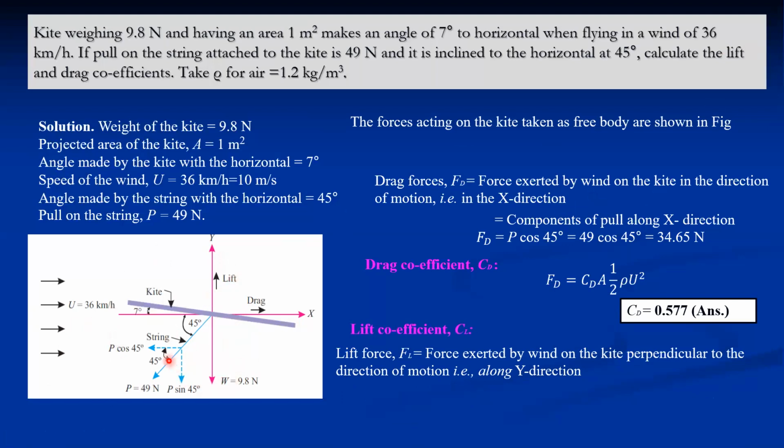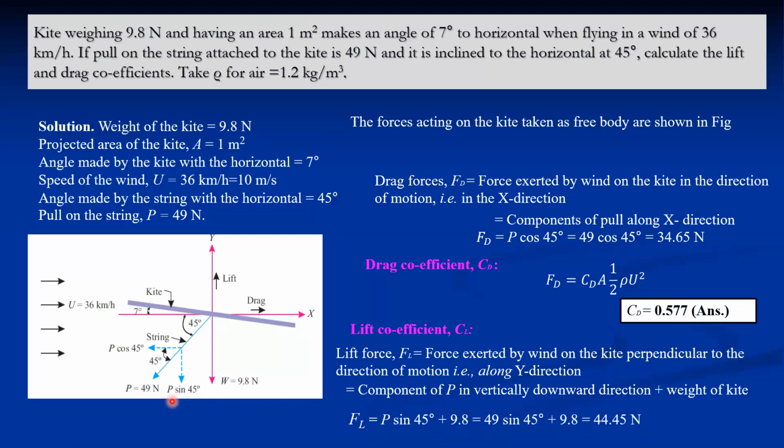So all these components, that is the weight as well as the y component of the pull, the component in the vertical downward direction, P sin 45 plus weight 9.8. So that comes around 44.45 Newton. So according to the expression of FL, the unknown again in this equation is CL. All the relevant quantities we can calculate here.